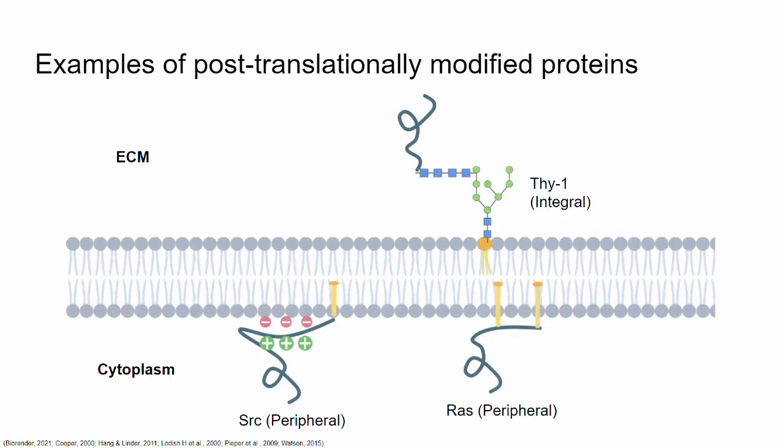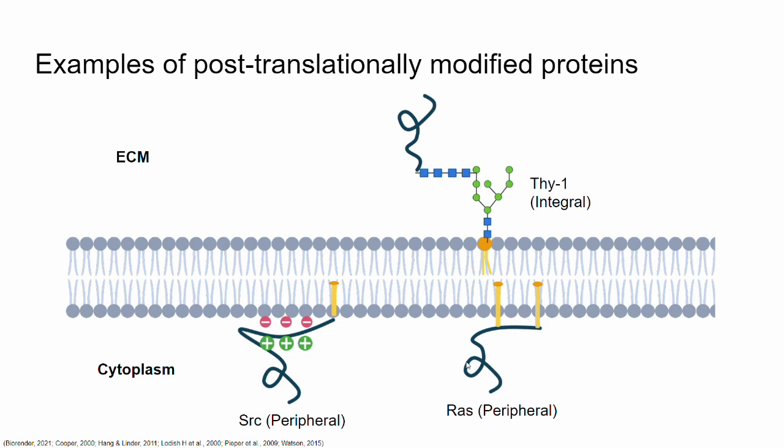So here are examples of post-translationally modified proteins. Here we have the RAS protein, which is most likely synthesized in the cytoplasm, the same with the SRC protein. So these are peripheral proteins. If you want to know the difference between peripheral and integral proteins, then I advise you to watch the previous videos.